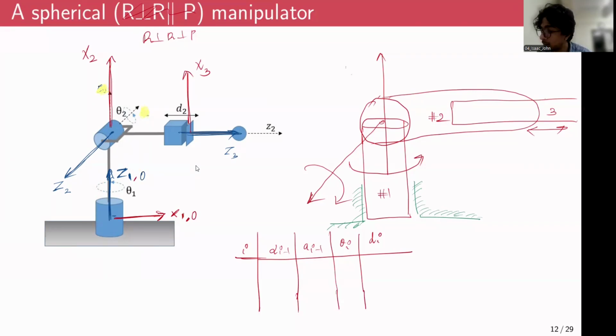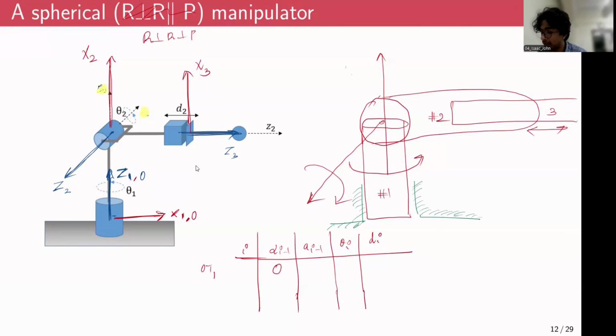And now, how would you do the DH assignment? The first transformation is between the 0th frame and the first frame, right? So let's go one by one. Z1 and Z0 are already aligned. There is no need for a twist about the x0 axis. So in that regard, alpha i minus 1 is going to be 0. a i minus 1 is basically the perpendicular distance between Z1 and Z0 along x0.